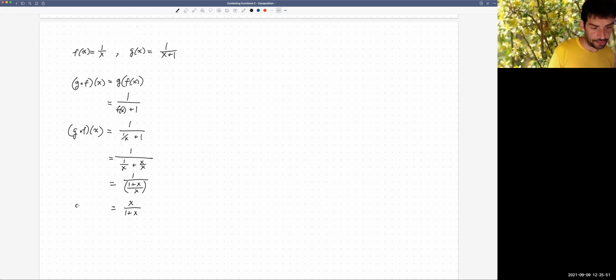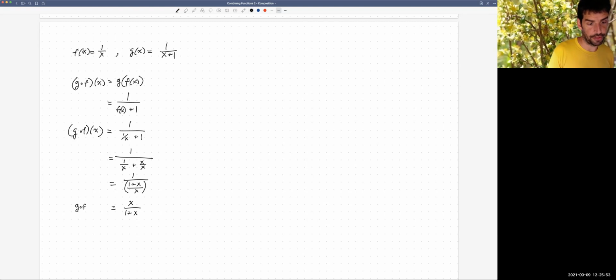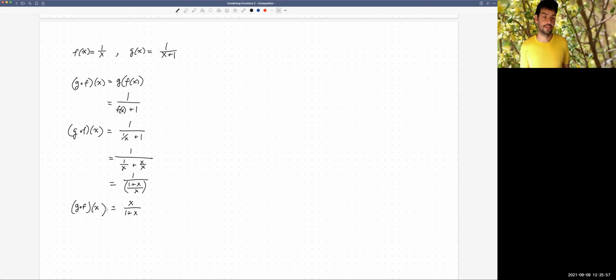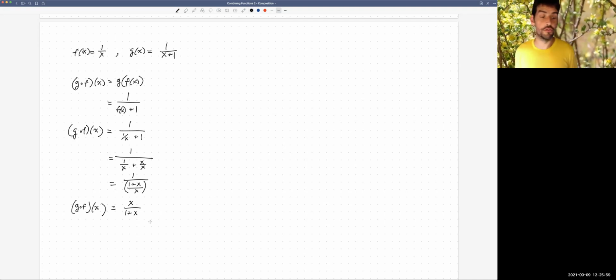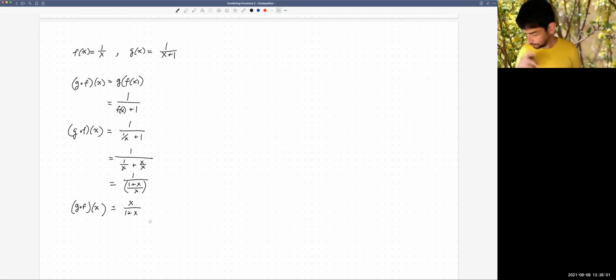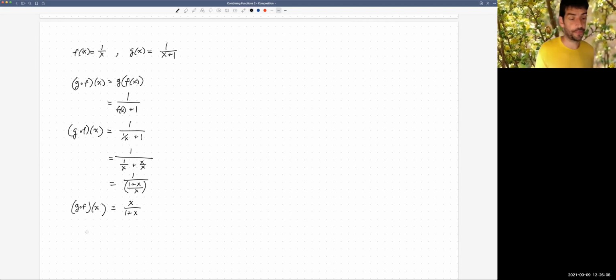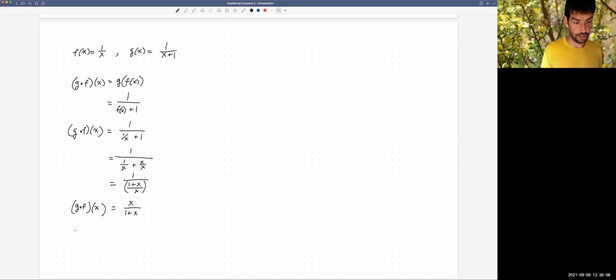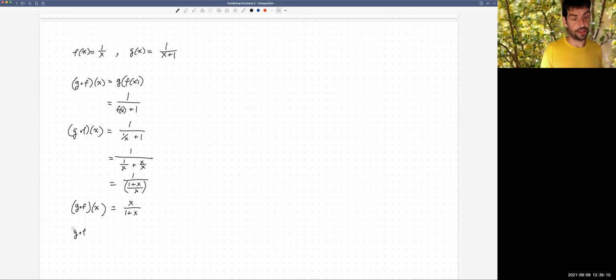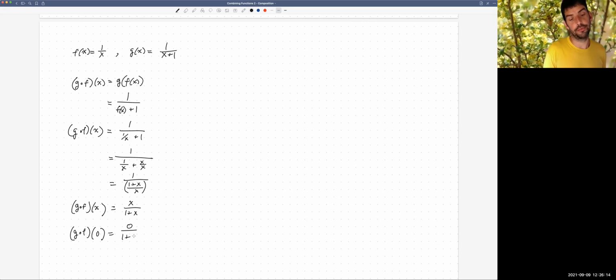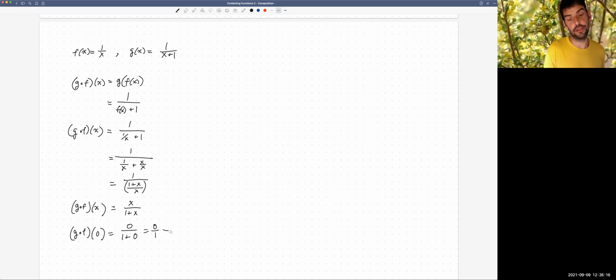And so now I have this expression for g composed with f of x as x over 1 plus x. Right? Okay, there we got a nice algebraic expression. Now let's do g composed with f of 0, and I have 0 over 1 plus 0, or 0 over 1, which is equal to 0.